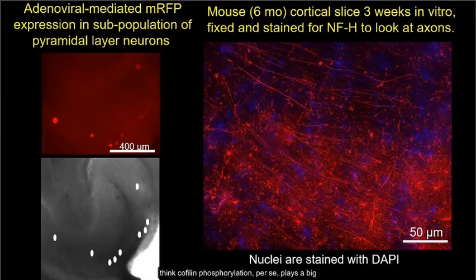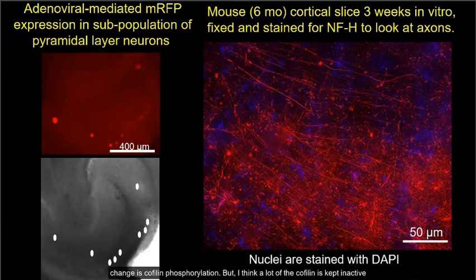I personally don't think cofilin phosphorylation per se plays a big role, just because we found in adult brain, looking at the brain slice, somewhere between 3 and 7% of the cofilin is actually phosphorylated. So you're not going to get a huge increase in rods just due to a few percent change in cofilin phosphorylation.